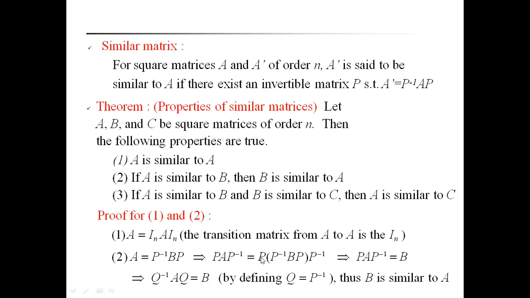Here, pre-multiplication by P, post-multiplication by P inverse. Left side is P into A into P inverse is equal to, P into P inverse is In, P into P inverse is In. That's why we get the right side as B. That means Q inverse AQ is equal to B. By defining Q is equal to P inverse, B is similar to A.